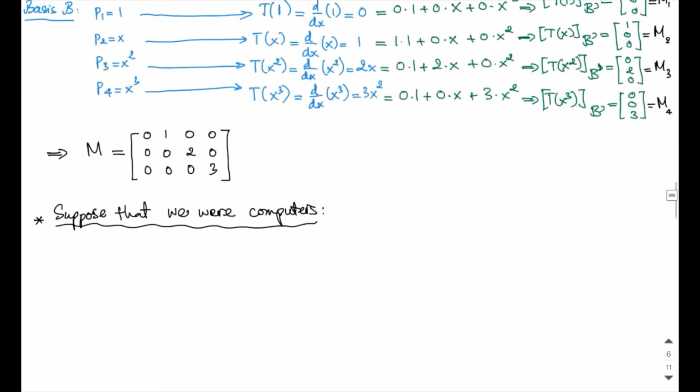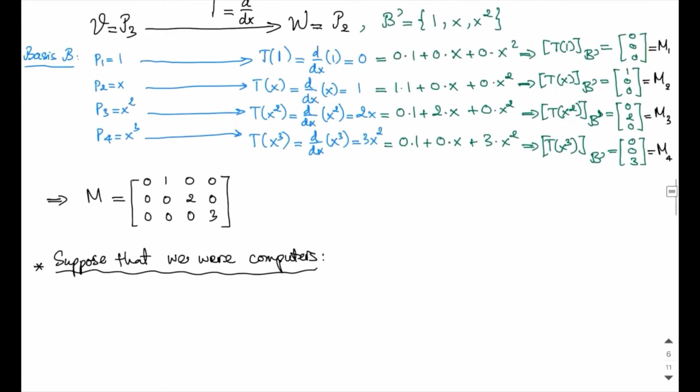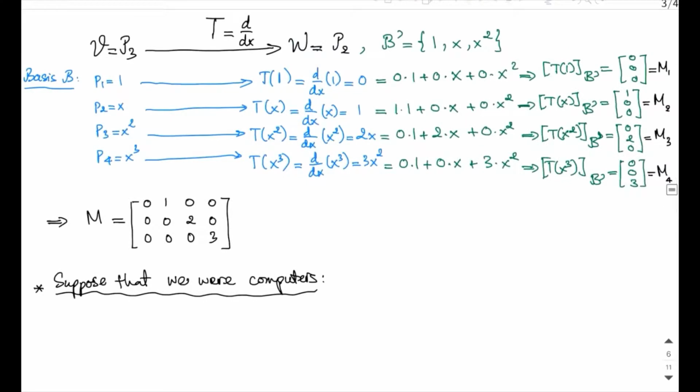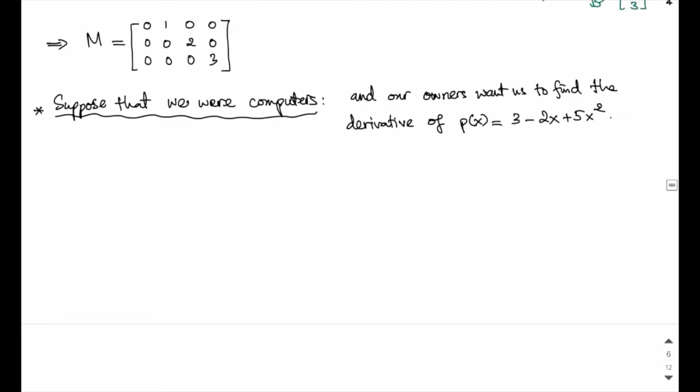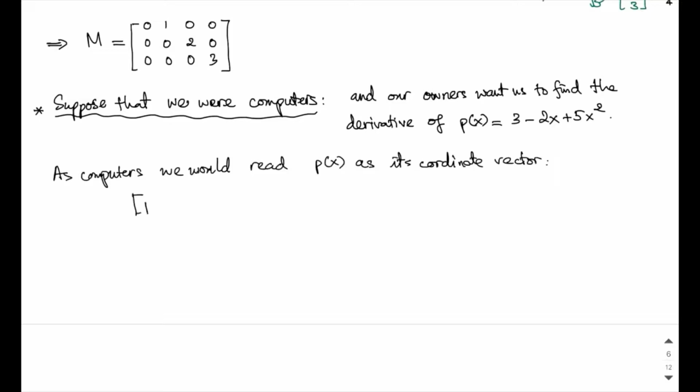Let's suppose that we were computers. So for example, our owners want us to find the derivative of some polynomials. How are we going to do that? As computers, what we read about polynomial p of x is its coordinate vector with respect to the basis B, and we have known that it is going to be 3, negative 2, and 5. So in view of a computer, I will look at this polynomial just as the 3 numbers here in order.